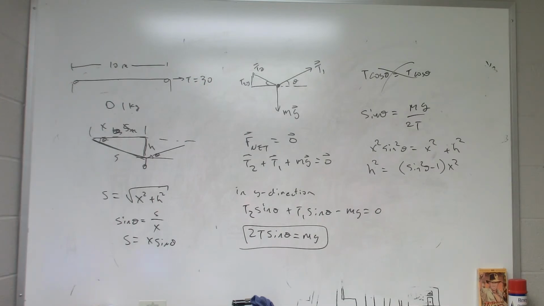Okay, so let's try this again. h equals square root of sine squared theta, which is going to be m times g divided by 2T, all that squared, minus 1, times x squared. Oh, and then I have to take the square root of all that. Nope, I missed it. Okay, so invalid syntax.